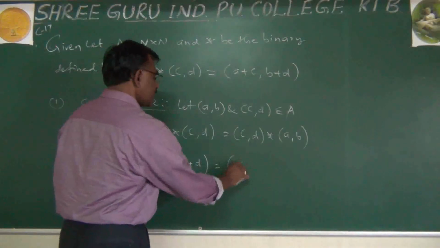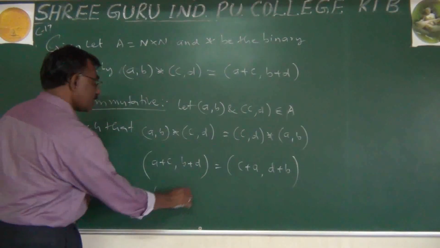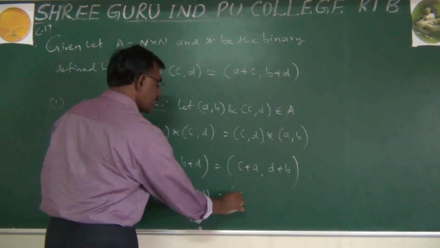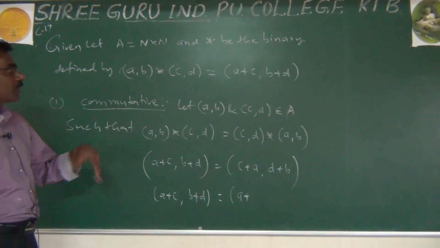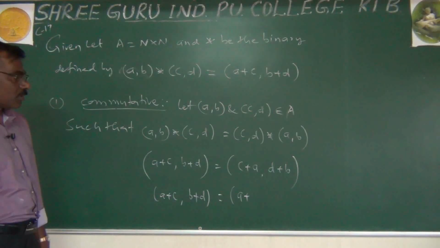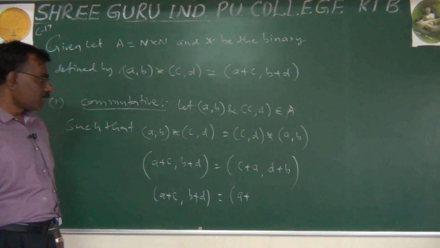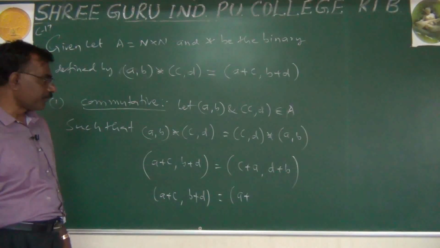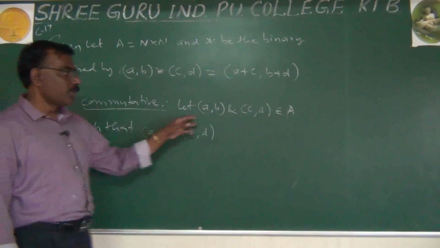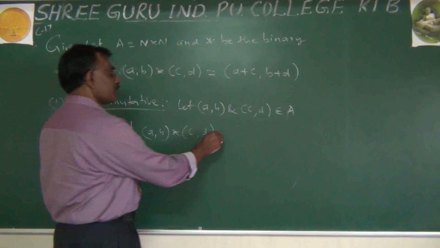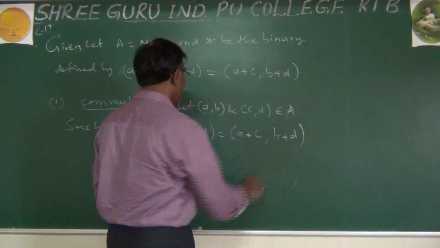Now C plus A, D plus B. When you take A comma B and C comma D belonging to A, A comma B star C comma D equal to A plus C comma B plus D, according to what is given.